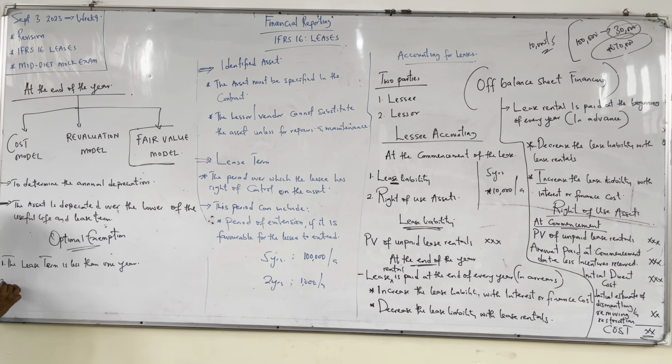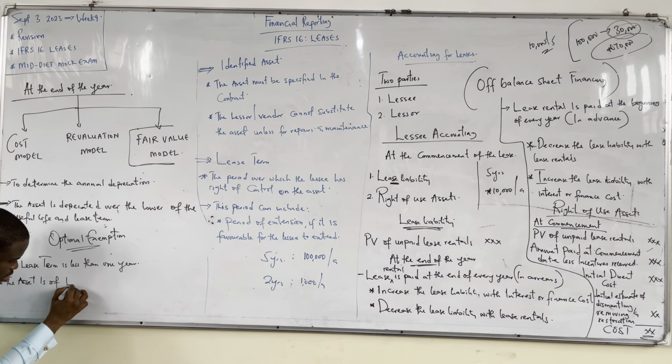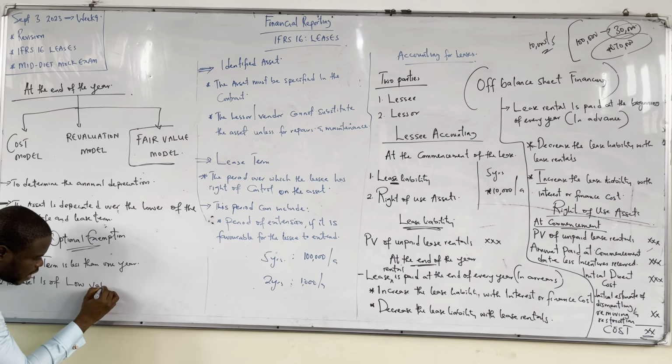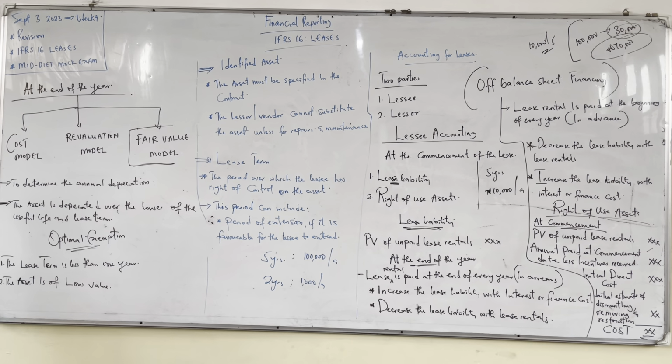Two, the asset is of low value. So if the asset is low value, then you don't have to do all of this. Just expense the rent you are paying. And the definition of low should be clear to everybody, irrespective of which company you're operating.